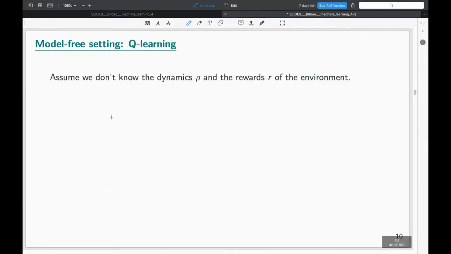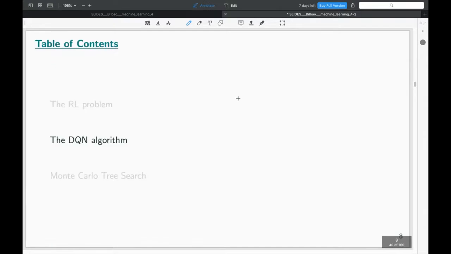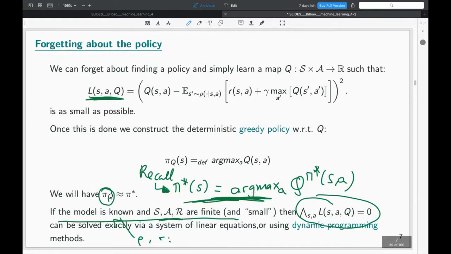Okay, so Q-learning. We assume we don't know how our model works. So now we cannot compute the expectation in these L's. We don't know rho, that's why we cannot solve this, because if this is not known, then how do we compute this expectation?